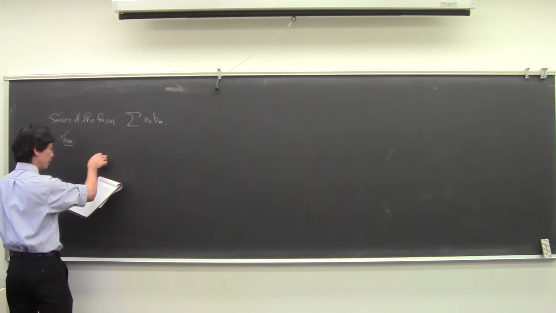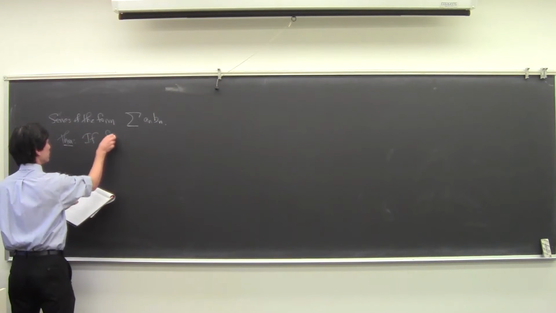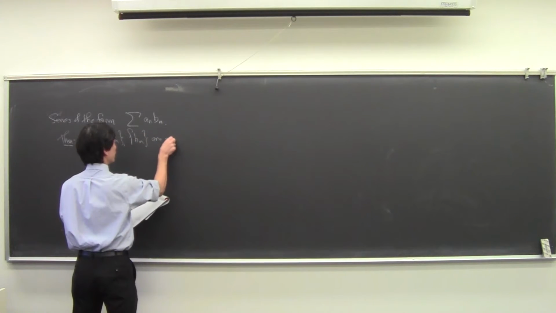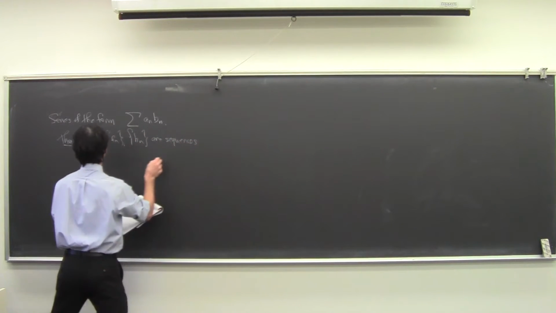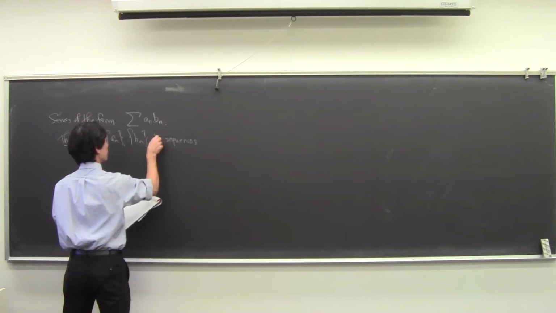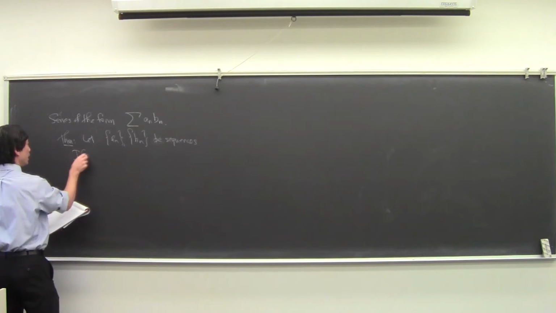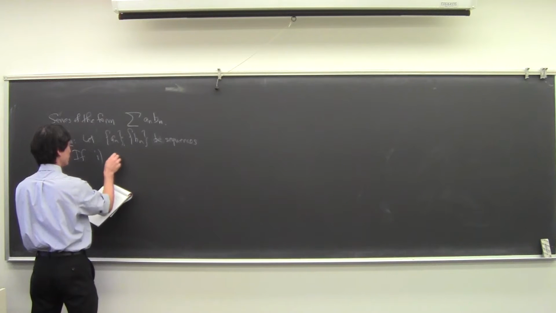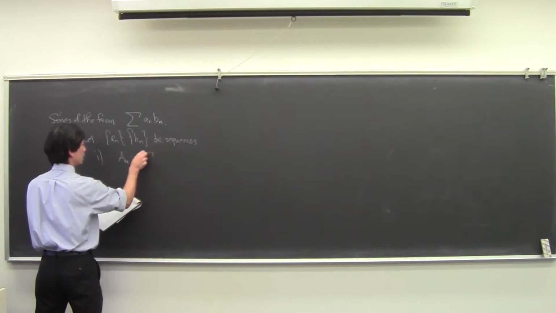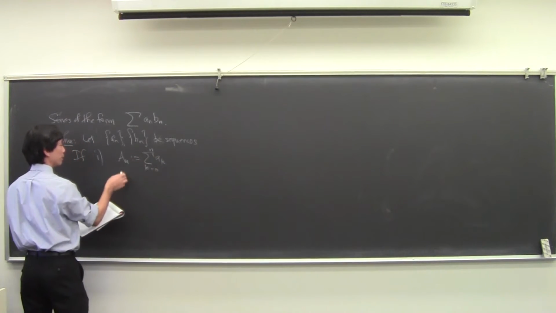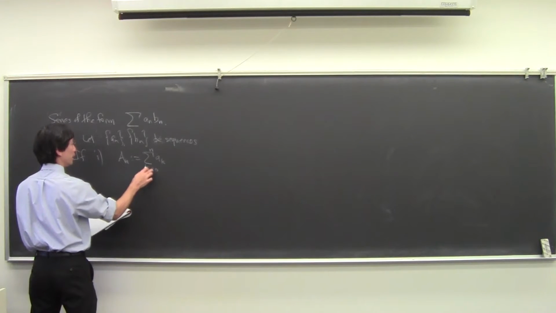that if you have two sequences, A and B, sequences, and let me just say this way, if one, the sequence of partial sums of A(n), so let this thing be the sum from k equals 0 to n.